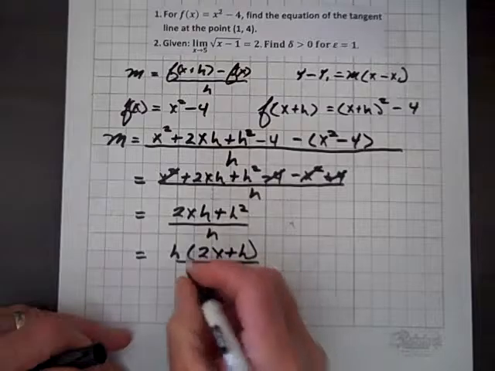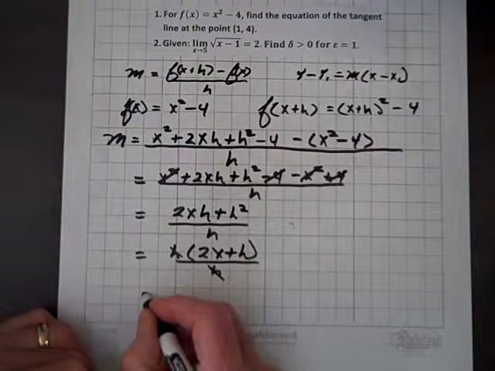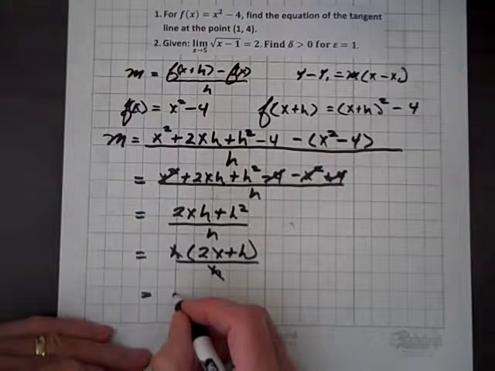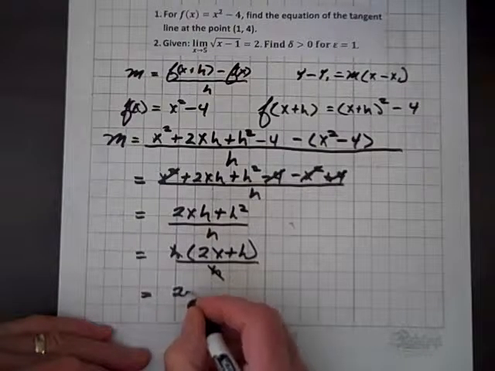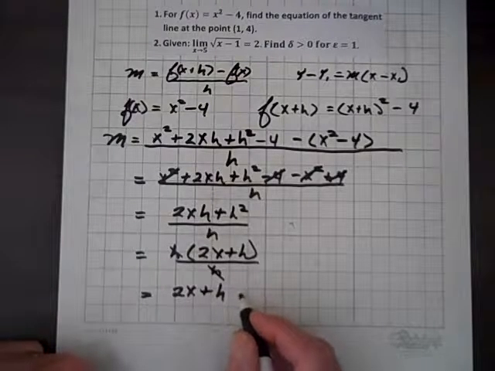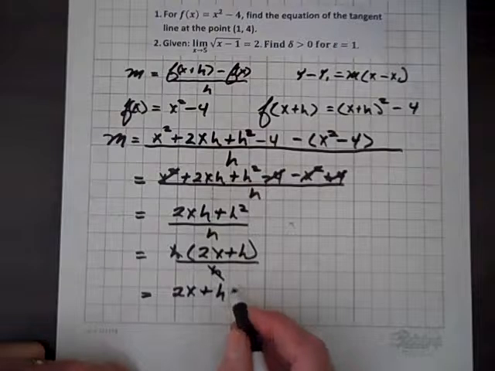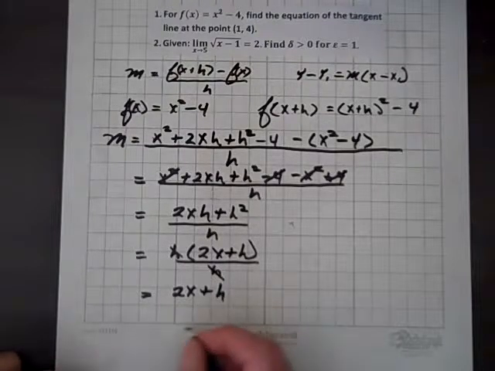Downstairs we have an h. Now these factors of h divide out. So now we have 2x plus h. At this point, in order to find the instantaneous rate of change, we'll let h become 0.